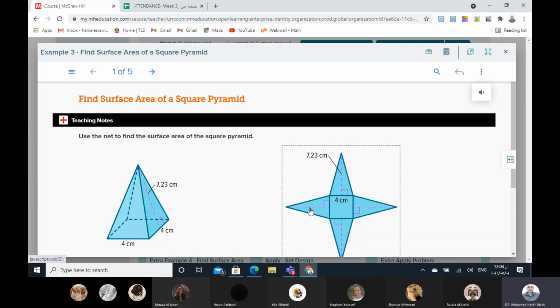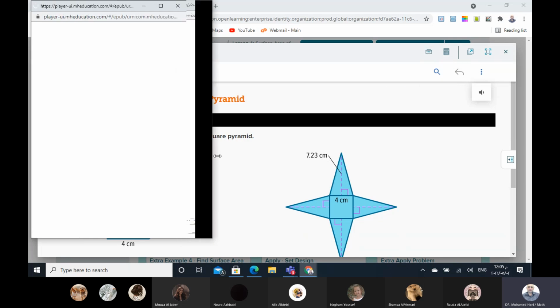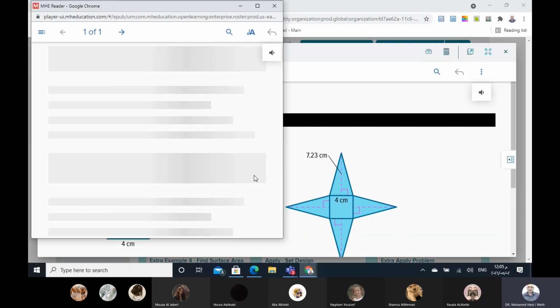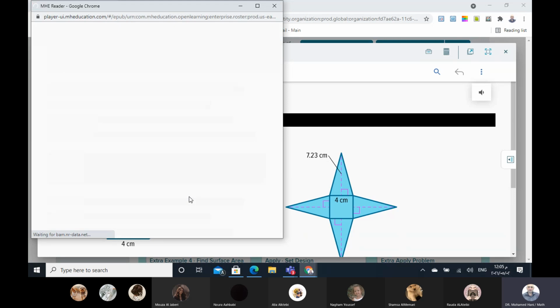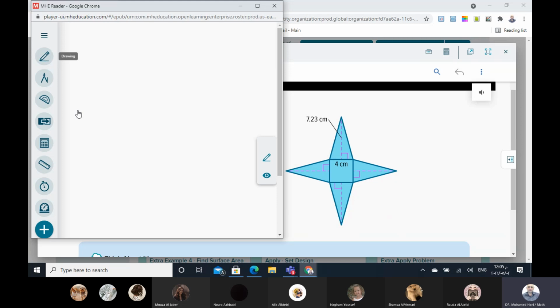Now, how to find the surface area? Surface area S equals the area of the base. What is the type of the base?